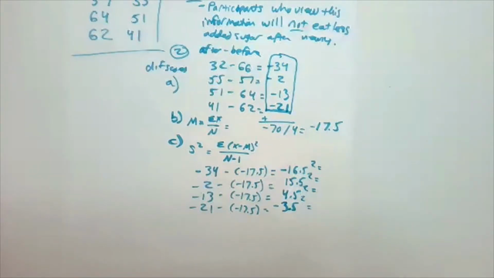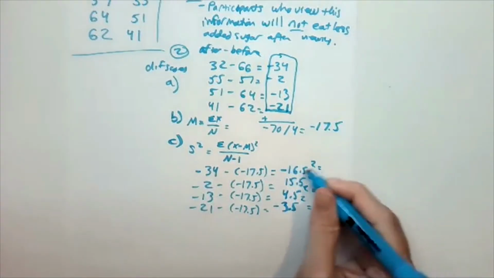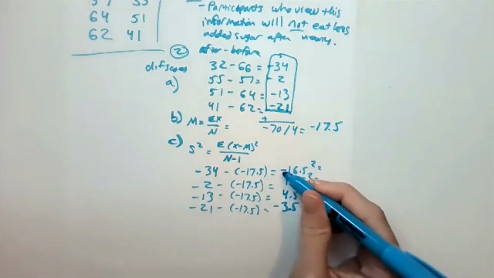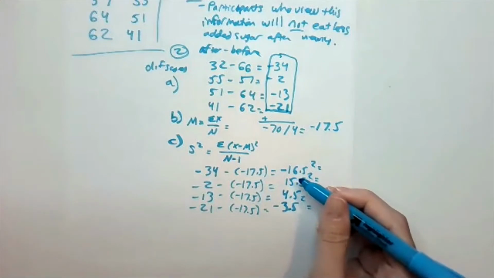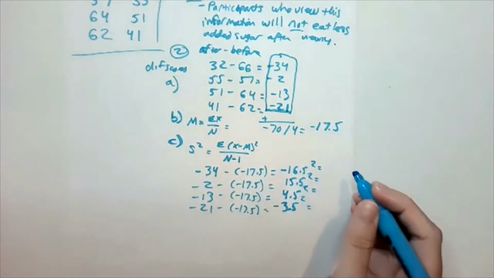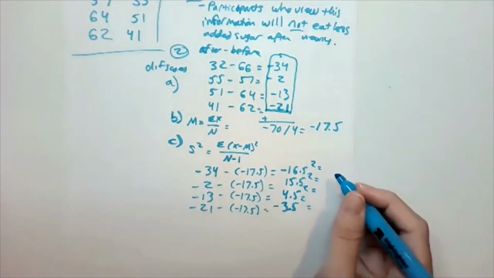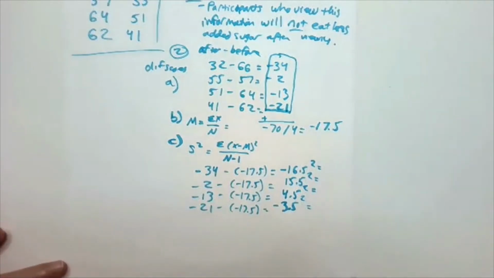If that's not the case, you'll want to go back and double check that. If you're not sure how your calculator deals with the negatives, when you're squaring a negative, you can even just omit that negative sign. For instance, if I'm trying to square negative 16.5, I could just square 16.5 and that answer is going to be the same because those negative signs cancel each other out and become positive.